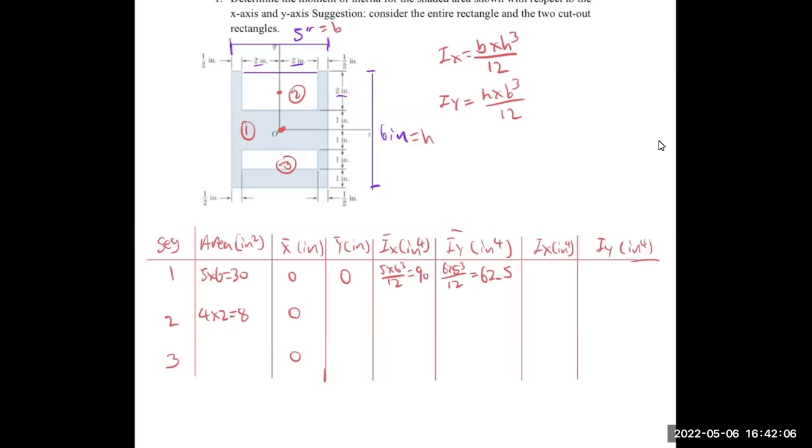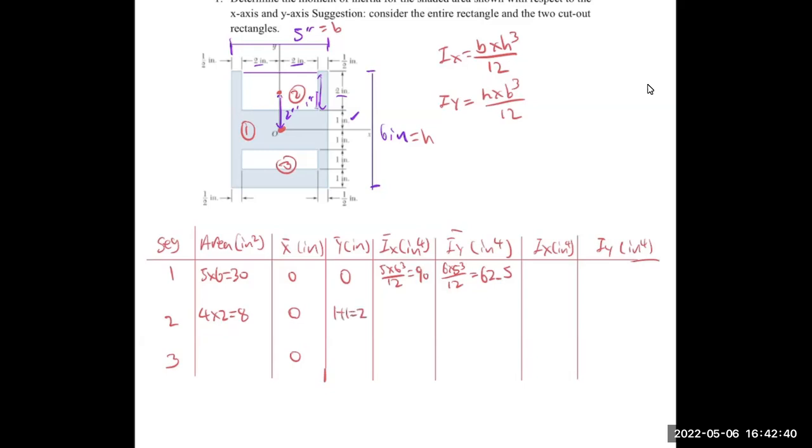So what's this distance right here? This is 1 inch, and this entire thing is 2 inch, so half of this 2 inch is 1 inch. So this thing will be 2 inch. Let me write 1 plus 1 equals 2, so you can see it better.